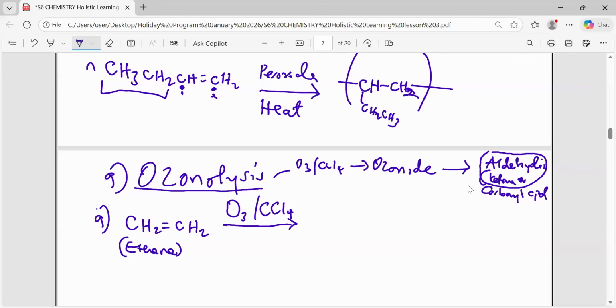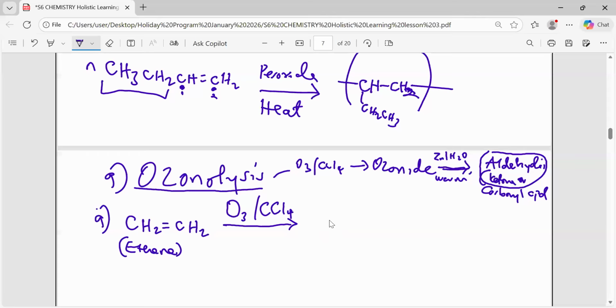Good. So, which reagent do we put here on hydrolysis? What do we add? Water and zinc. So we add zinc and water, and then we just warm it, to form an aldehyde.